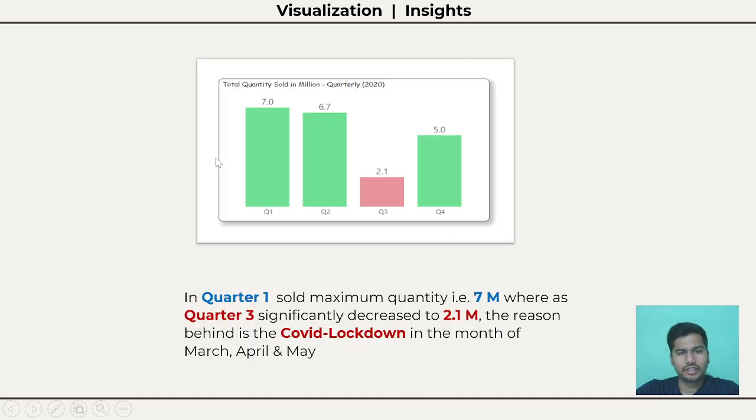and in the visualization we can see clearly that quarter 1, which was the highest sales in 2020, that was 7 million, and the lowest was quarter 3, that is 2.1 million sale. And we are aware that quarter 3, as I said, it was the months of March, April and May, and that was the COVID time in the year 2020.